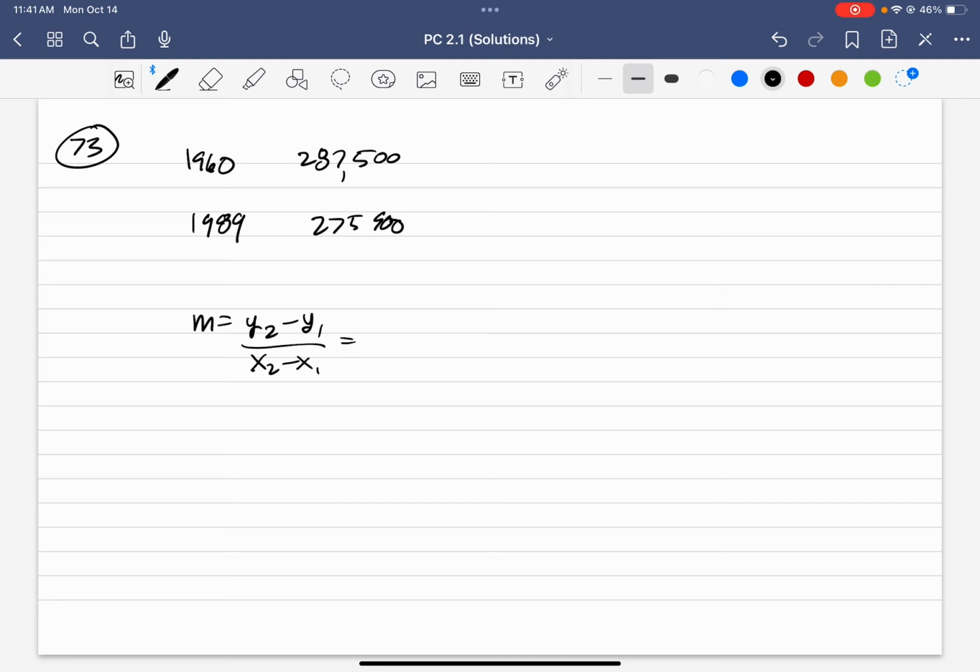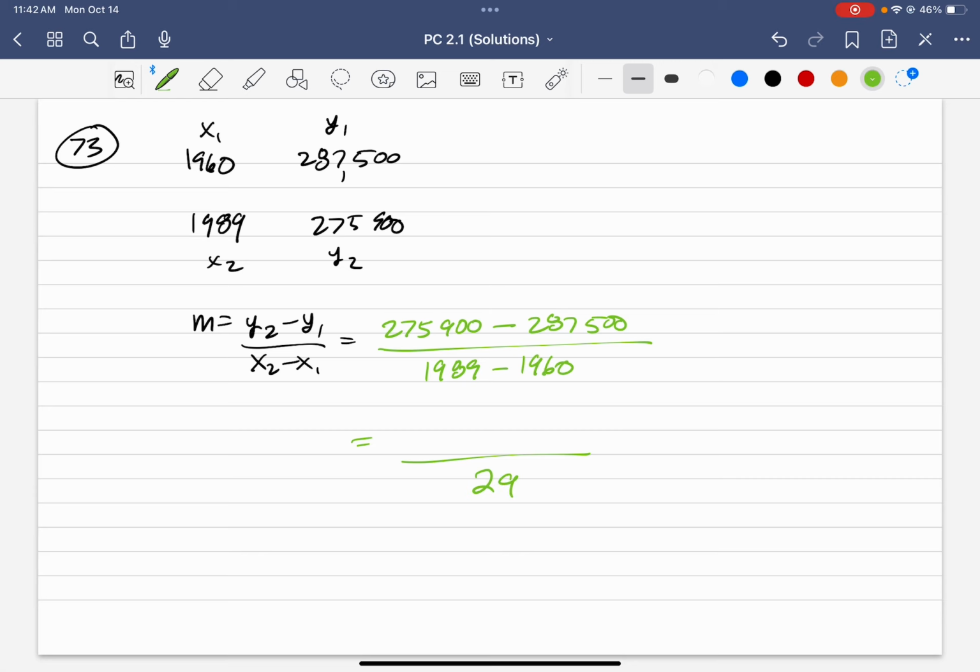So I'm going to call this x1, y1, and this my x2, y2. So the change in population would be 275,900 minus 287,500. And then the change in years is 1989 minus 1960. So in the bottom, 89 minus 60 is going to be 29 years.